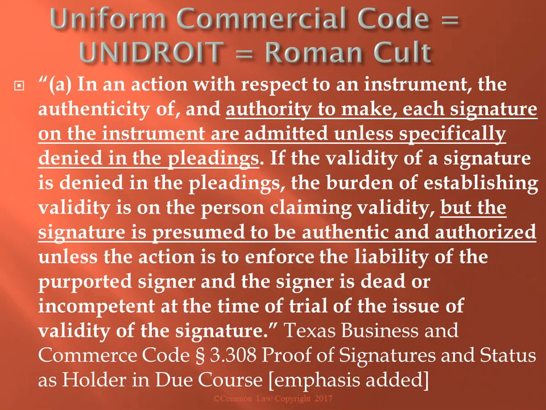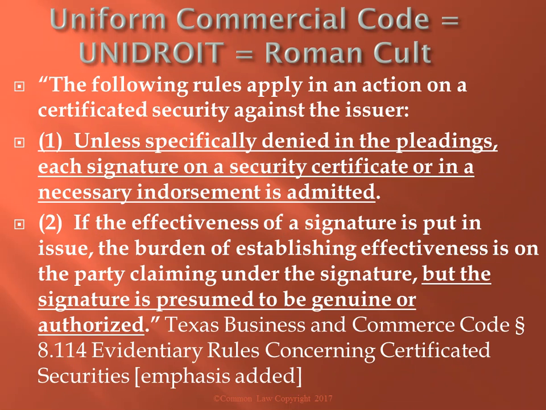If the validity of a signature is denied in the pleadings, the burden of establishing validity is on the person claiming validity, but the signature is presumed to be authentic and authorized. So the point being is that they're forging your signature onto a contract, and you don't even know that's what's going on. That's Uniform Commercial Code equals UNIDROIT equals Roman cult. This is all coming from the Roman cult.